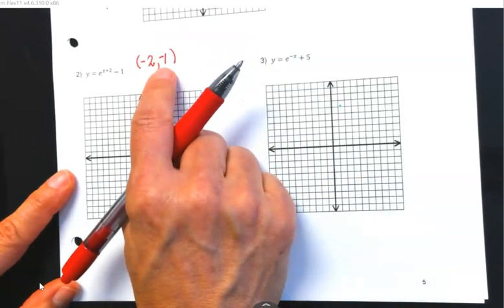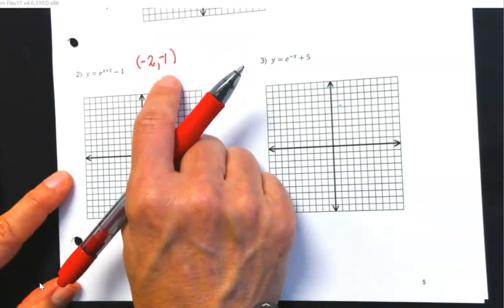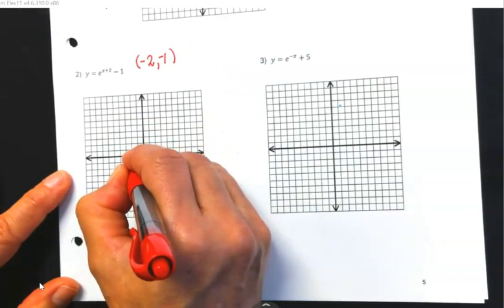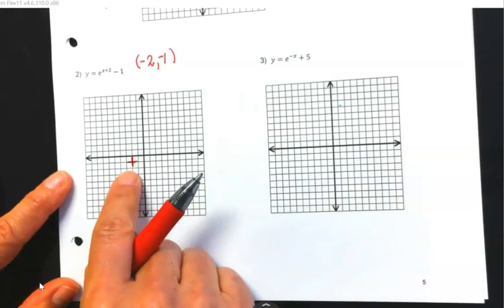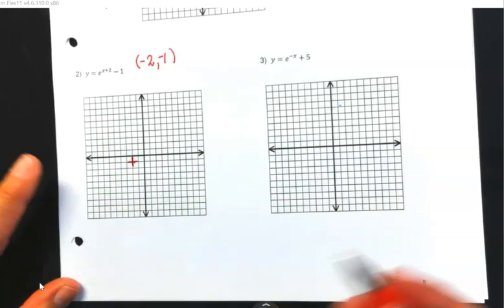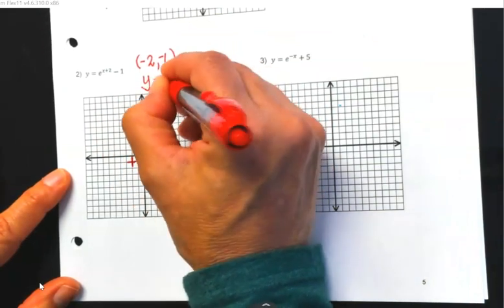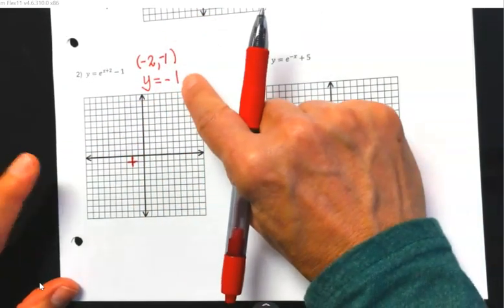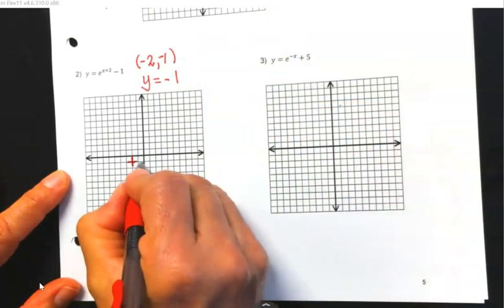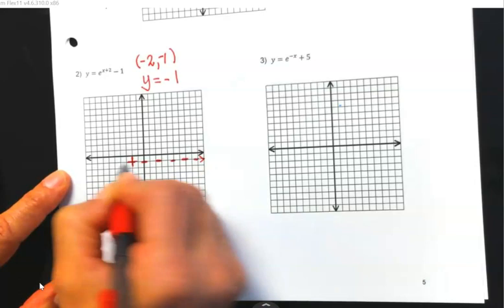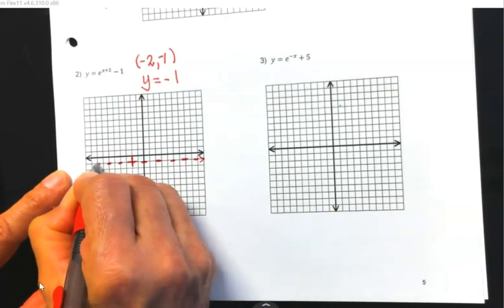Guys, I forgot to write my negative right there. Make sure you have negative 2, negative 1. 2 places to the left, 1 place down. So my brand new starting point is going to be right here. Also remember you have a horizontal asymptote at your k value of negative 1. So let's go ahead and extend that horizontal line out.